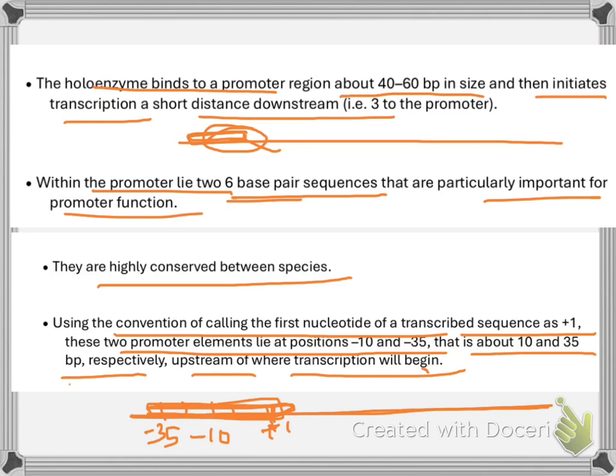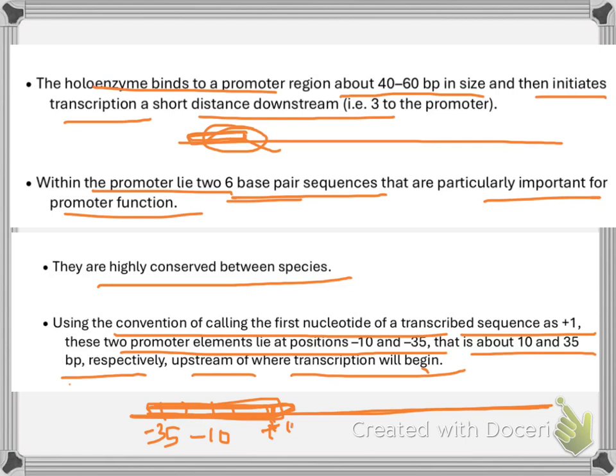They are located 10 base pairs from the start site, known as the minus 10 region, and 35 base pairs upstream of the start site, known as the minus 35 region or minus 35 sequence.